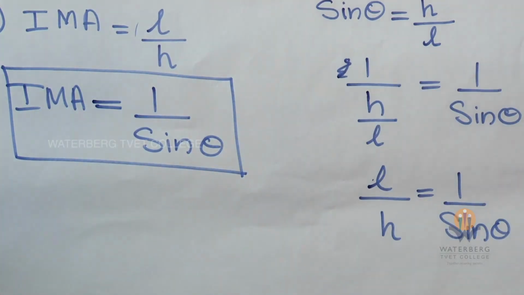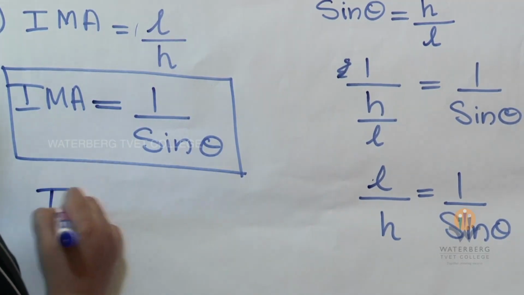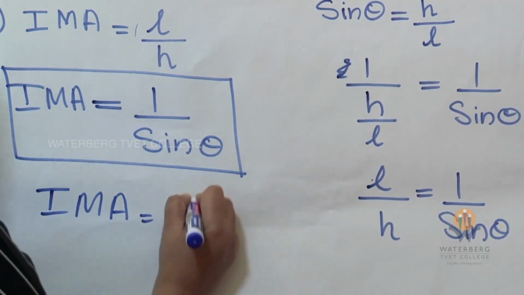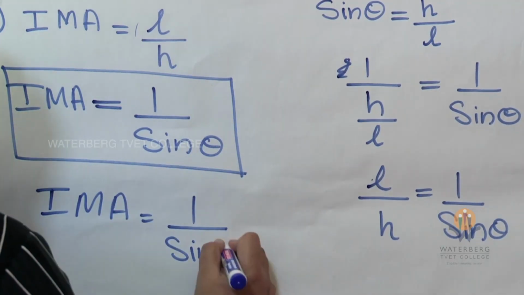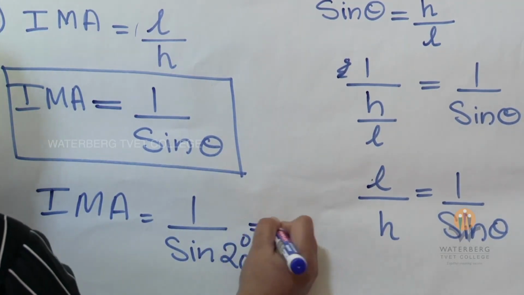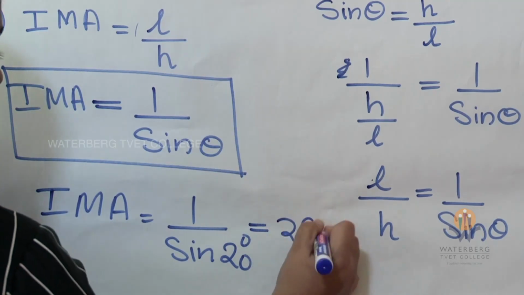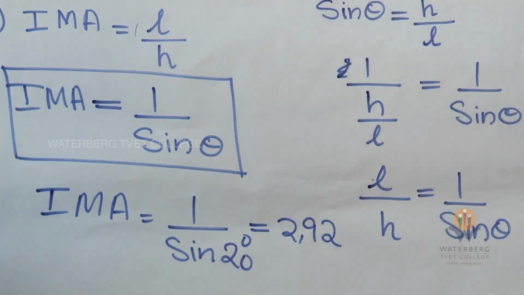In this question, ideal mechanical advantage equals 1 divided by sine 20 degrees, which gives you 2.92. Again, it's a ratio, therefore it doesn't have any unit. So my ideal mechanical advantage is 2.92, or simply mechanical advantage.